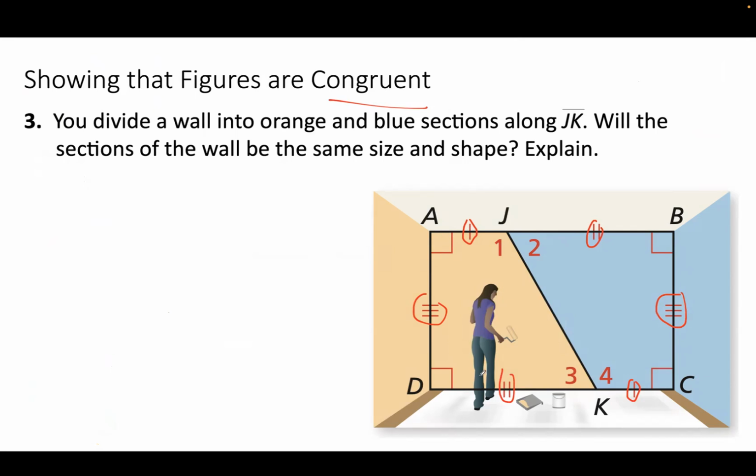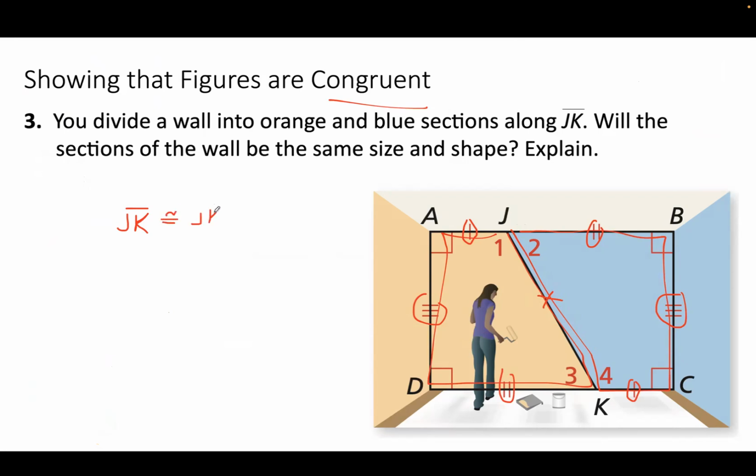So the other side of my four would be this side here, JK. And notice JK is a part of the blue and a part of the orange quadrilateral. So JK is a shared side. So since JK is in both, I know that JK is congruent to itself, right?